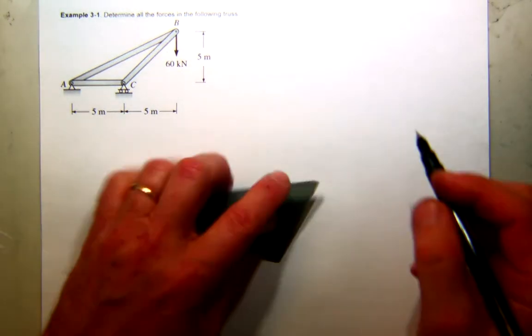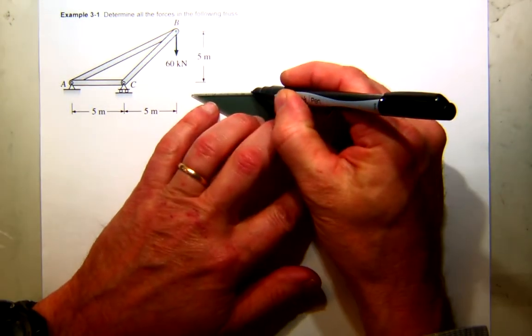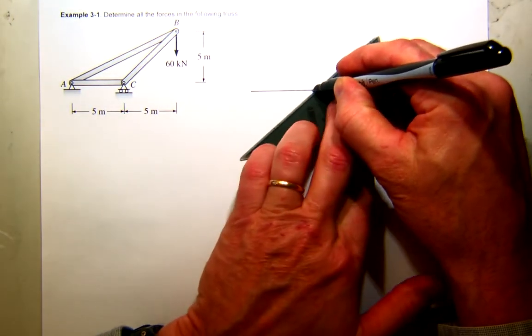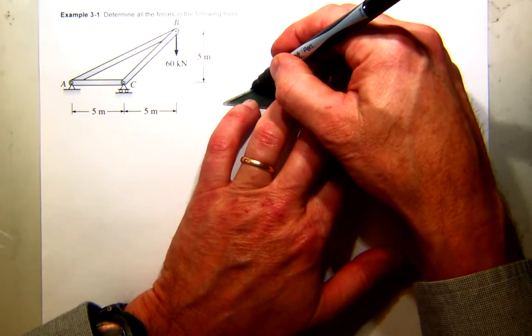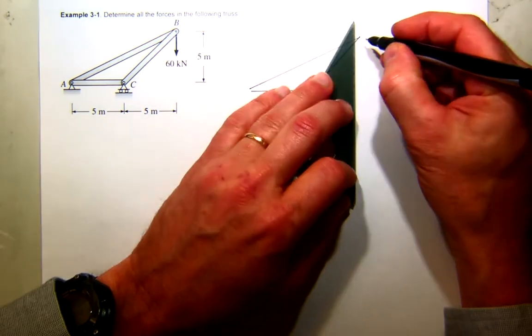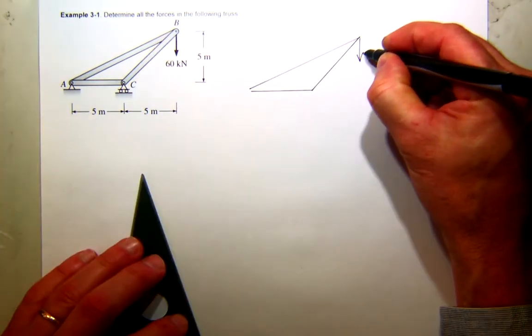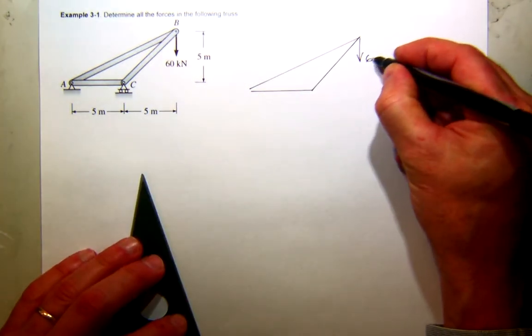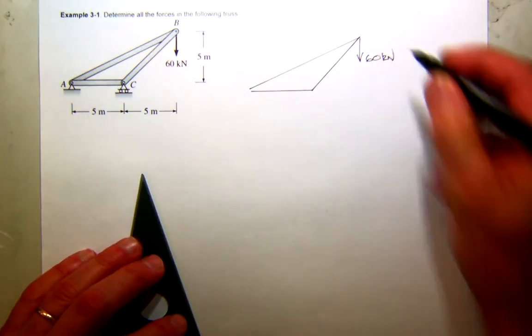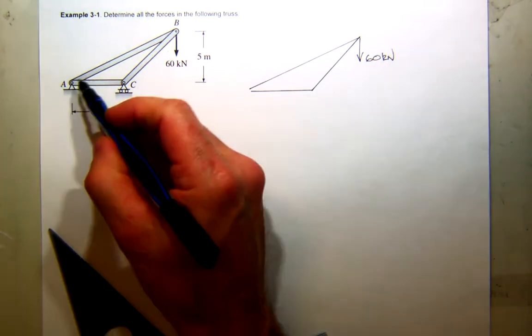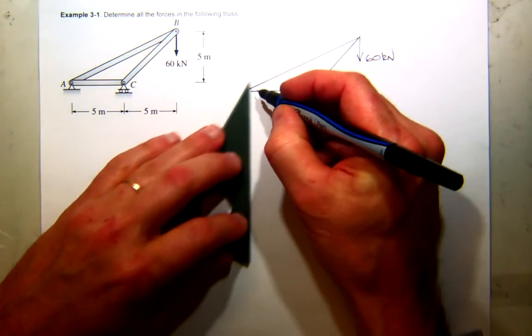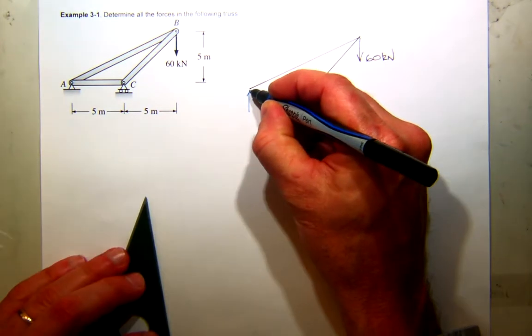So I'm going to draw a free body diagram over here, kind of this system. And I do have at B an applied force of 60 kilonewtons. And then I'm going to replace my pin here at A with two forces.